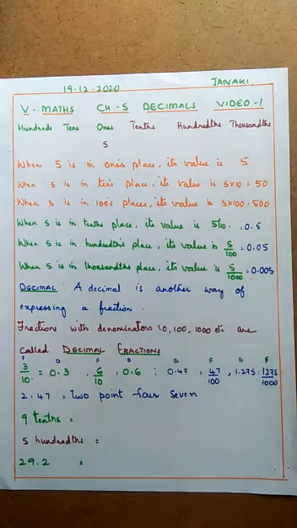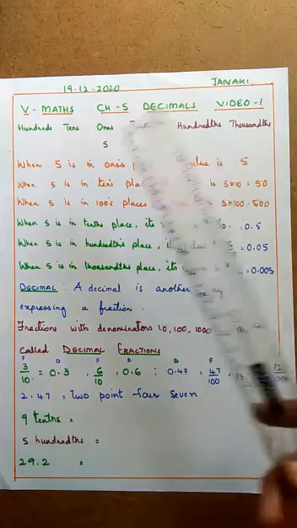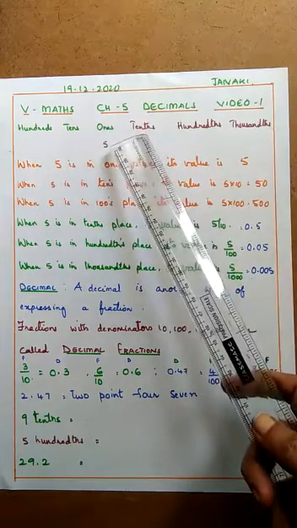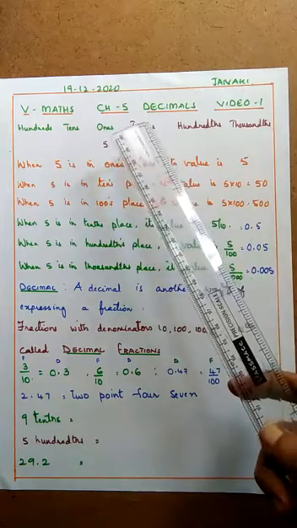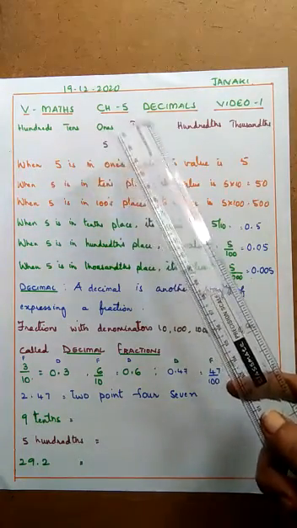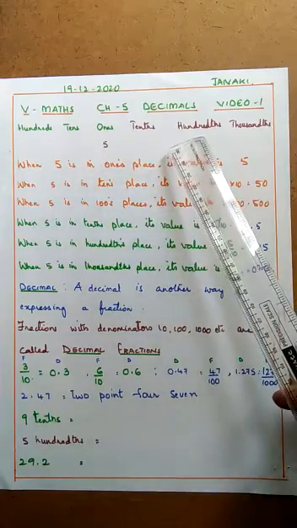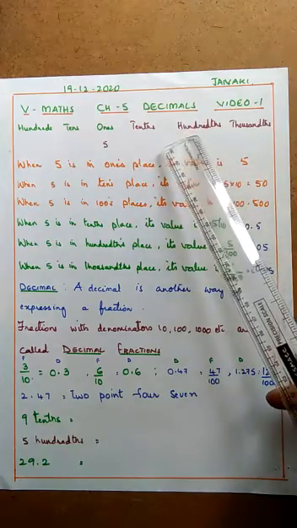So each time this number moves towards the right, its value is decreasing by 10, 10, 10. Remember children, there is no oneth place. It is only tenth place because its value has decreased by 10 times. And here its value has decreased by 100 times.